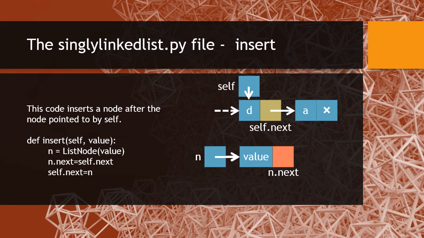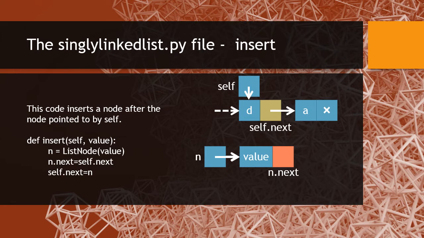When you say a pointer is equal to another pointer, you are trying to say make the pointer on the left point to the place where the pointer to the right is pointing. So if I read this line in this way, I will say make n.next point to where self.next is pointing.